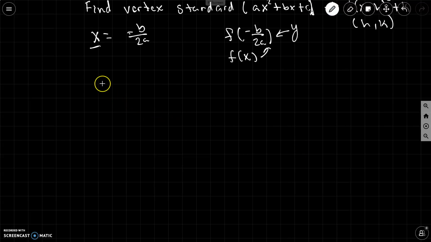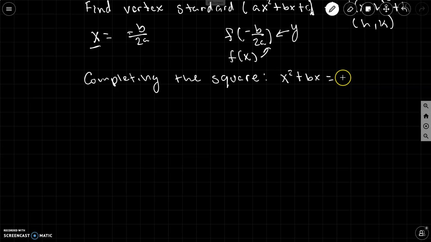Another thing is completing the square. This is how to solve a quadratic. Usually it looks something like x squared plus bx equals c, something like that. Not 100%, but something like that.